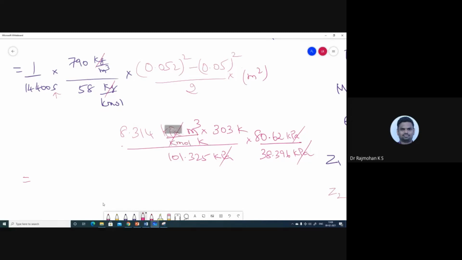Kelvin cancels, kilomole cancels. So we have meter square per second.